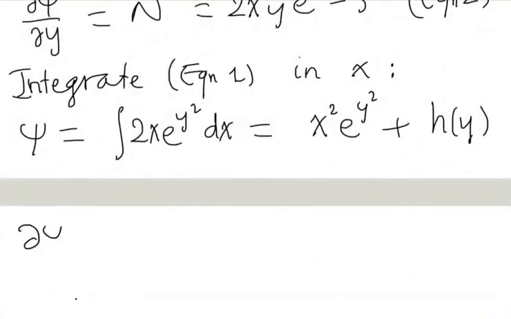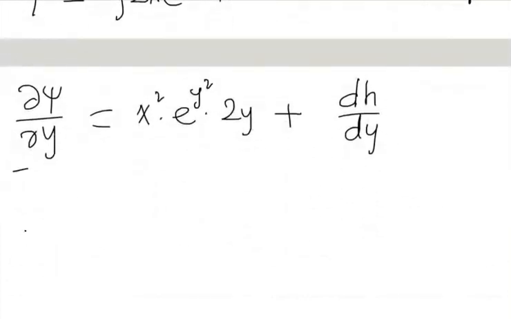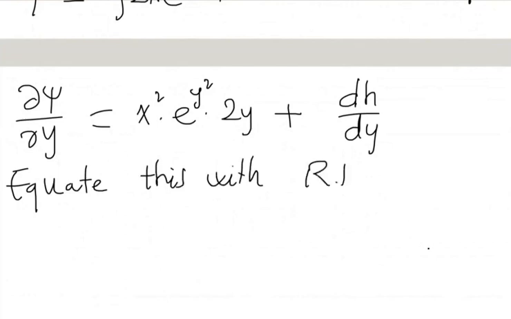Then we take the partial derivative of psi in y to equate with the right hand side of equation 2. Partial derivative in y, we have x squared, and the derivative of e to the y squared in y, we have e to the y squared 2y, plus dh dy here. And we need to equate this with the right hand side of equation 2.